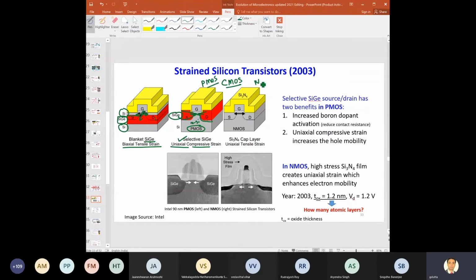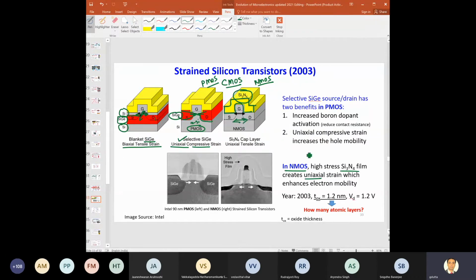Then what about the NMOS? In NMOS, the technique used is that they do not use silicon germanium in the source and drain. Instead, they cover the whole transistor with silicon nitride. This high stress silicon nitride film creates a uniaxial tensile strain.